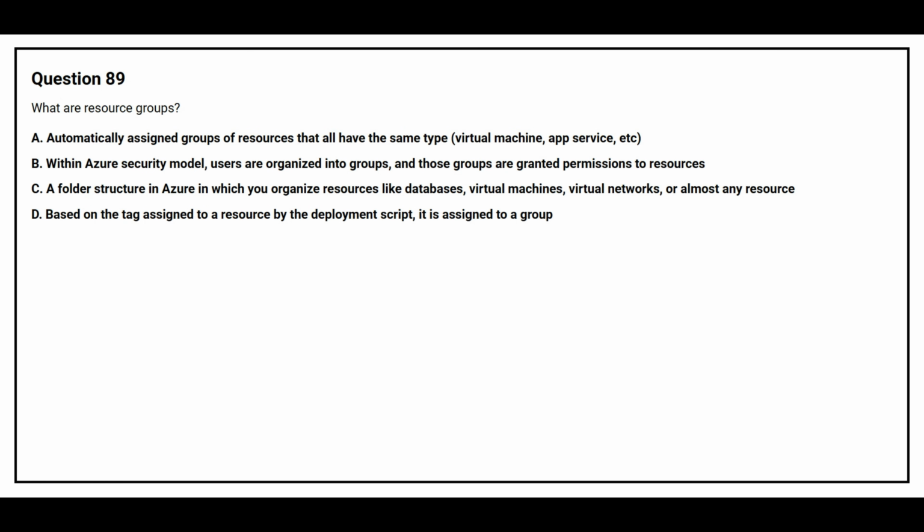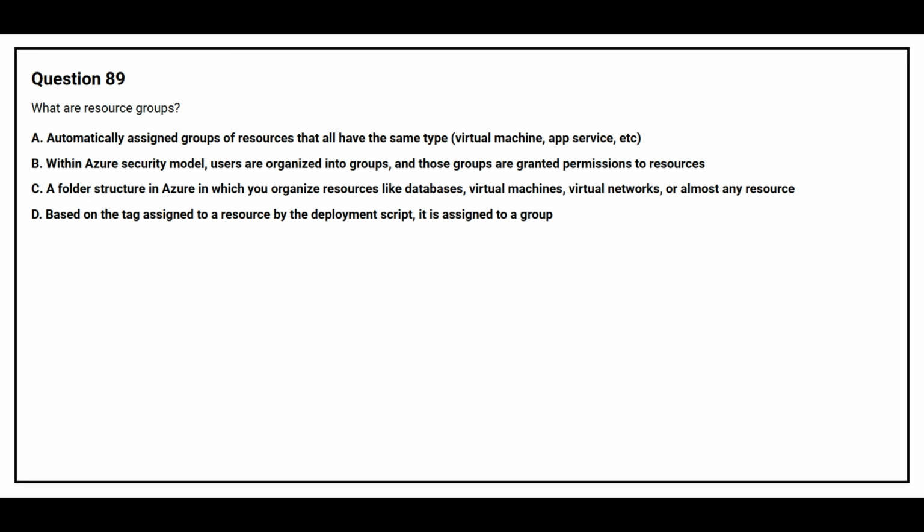Question number 89. What are resource groups? Option A, automatically assigned group of resources that all have the same type, virtual machine, app service, etc. Option B, within Azure Security Model, users are organized into groups, and those groups are granted permission to resources.